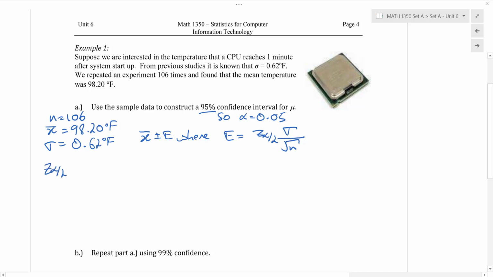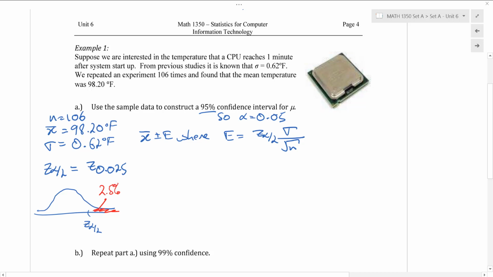So let's think about how we might find that. You might write this as z of 0.025. The idea being that we have some kind of normal curve here, and we'd like to isolate after z alpha over 2 this little bit out here where there's just 2.5% over here.